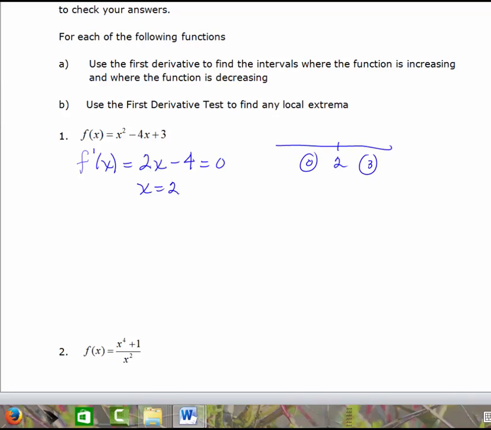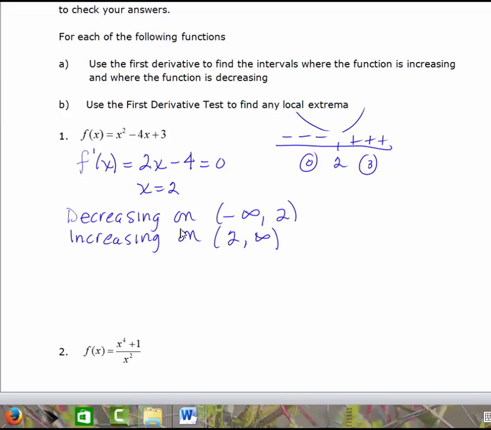When I substitute 0 for x, I get a negative. When I substitute 3 for x, I get a positive. So I know the function is decreasing and then it's increasing. So I'm decreasing from negative infinity to 2 and increasing from 2 to infinity.